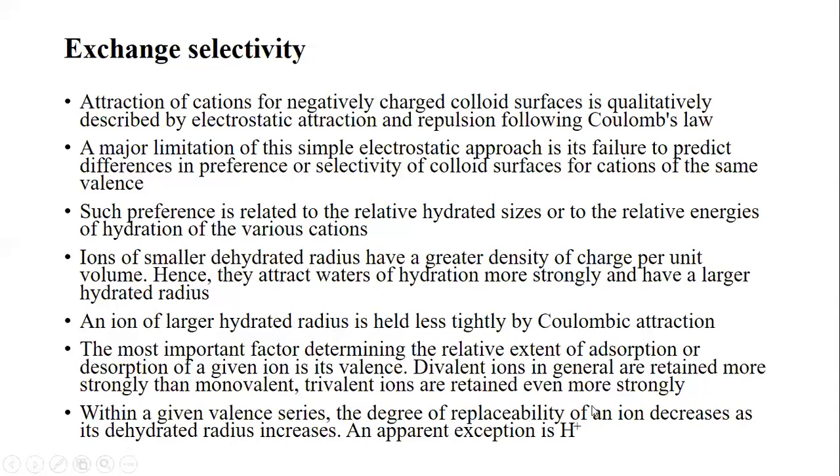So the degree of replaceability of an ion decreases as its dehydrated radius increases. Remember the replaceability, how strongly another cation will replace it. That's not its replacing power; the replaceability means another cation will take its place. That means it's easily displaced or strongly displaced.